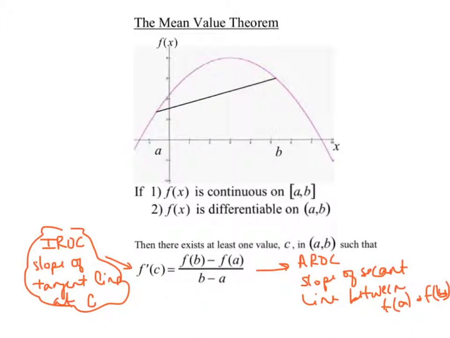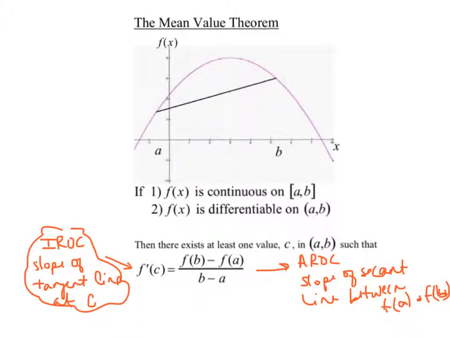They are saying this theorem tells me that as long as this function is continuous and differentiable between a and b, then there must be a point such that a tangent line can be drawn with the same slope, drawn to that function at a certain value c, with the same slope as that secant line.